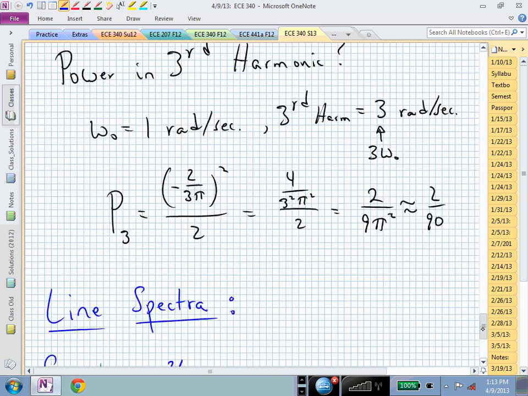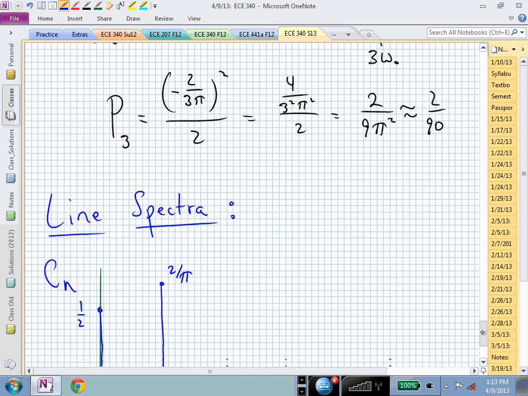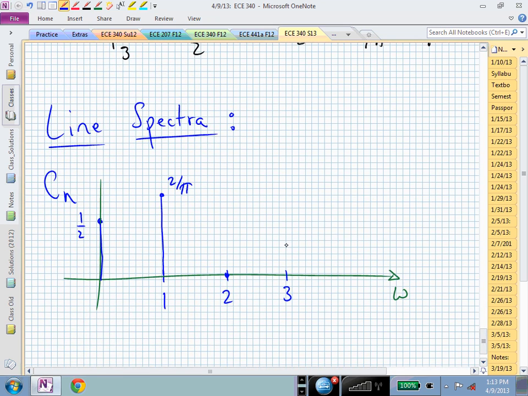At the third harmonic, now that's a minus, and if we wanted to, we could maybe show a minus or we could take capital C sub n and go minus, but if we want to show both plots, a magnitude and an angle plot, we'll just look at the absolute value of that. Now we're at 0.212 for that one, relative to 1/2.